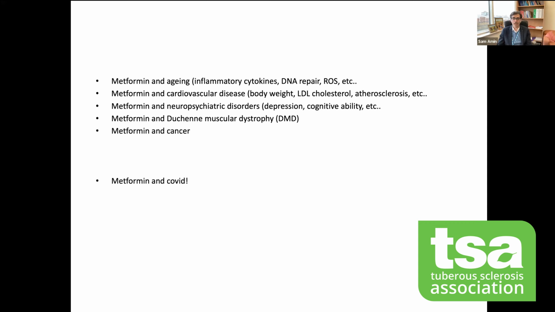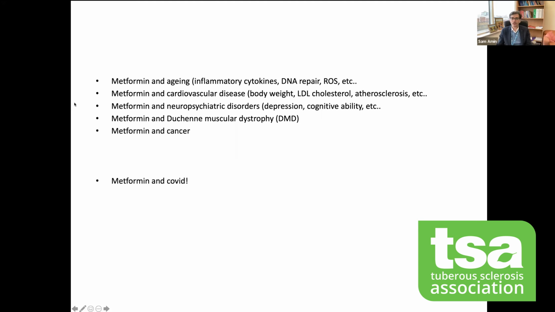It can affect the cardiovascular system, affects your cholesterol level, regulates your weight, can affect the neuropsychiatric disorders, depression, cognitive ability. It can help kids with Duchenne muscular dystrophy through mitochondrial energy enhancing effect. And we know it has a significant anti-cancer effect.